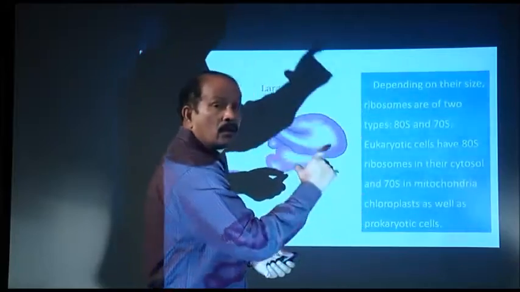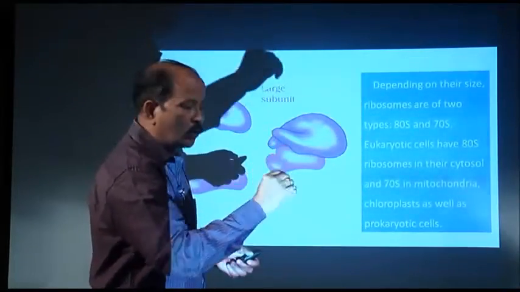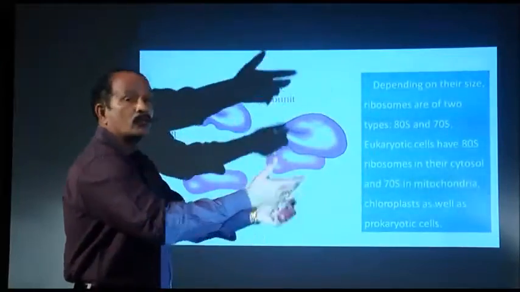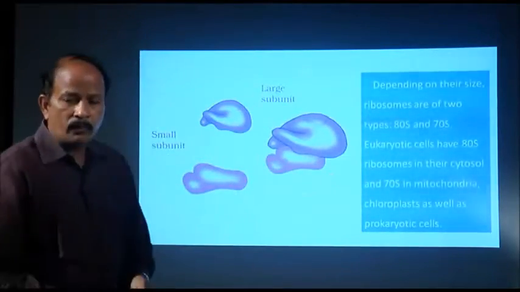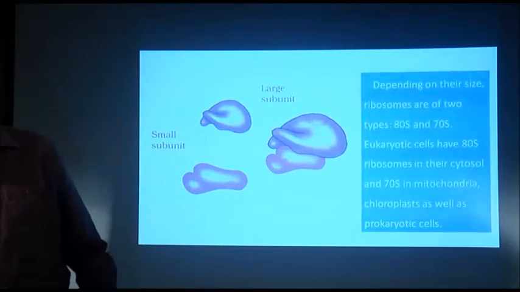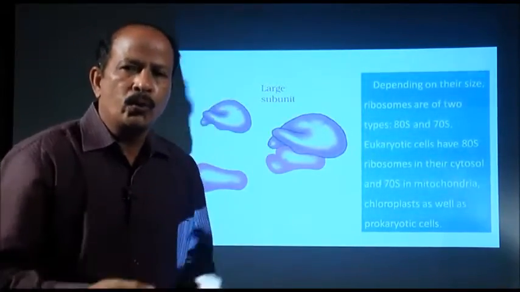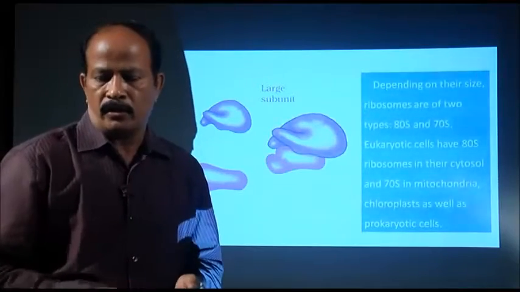Those 3 bases form a codon. So, first codon, second codon, third codon, accordingly they move. So, this is a molecular machine, and subsequently we will come across its role when we proceed to molecular genetics in the second year.